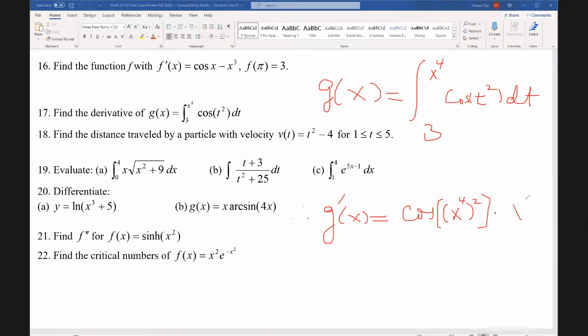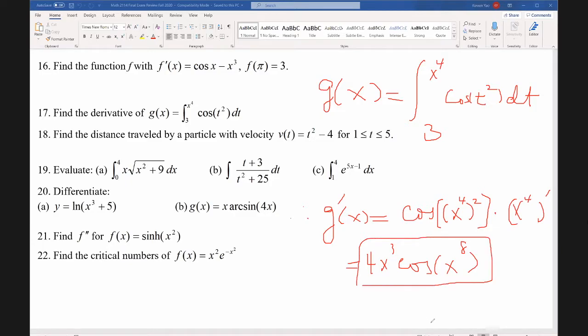That's the work you have to show on the test, on the final, okay? Right, then you can do it by using the power rule here. This is 4x cubed, right? Cosine, this is x to the power 8, right? So we have finished. Okay, so that's the work you got to show, and that's the final answer.